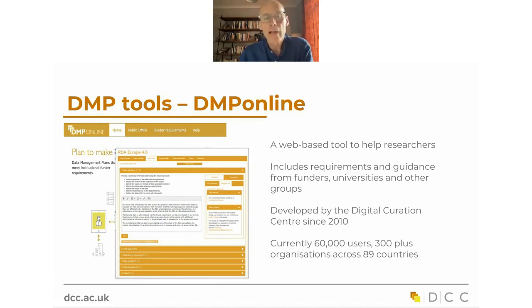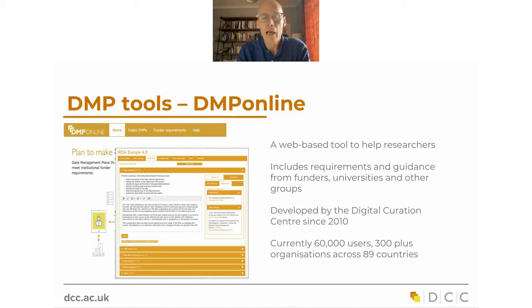Tools to write the plan are something we also recommend. As I said, we have an interest in this as a provider of one of the leading tools. DMP Online is something we've been providing at the Digital Curation Centre since 2010, and it now has users worldwide.